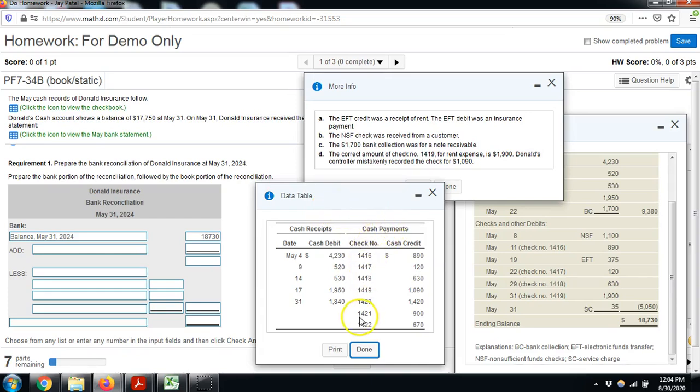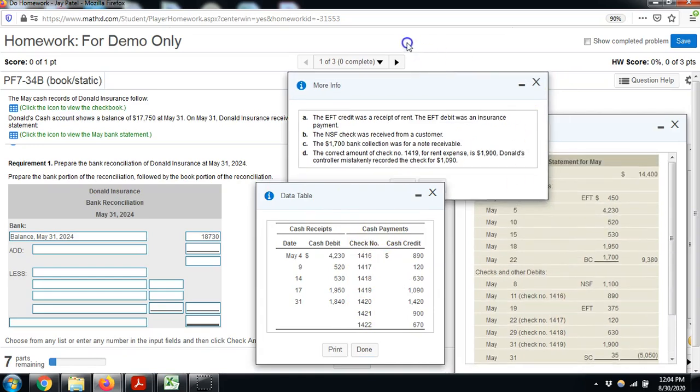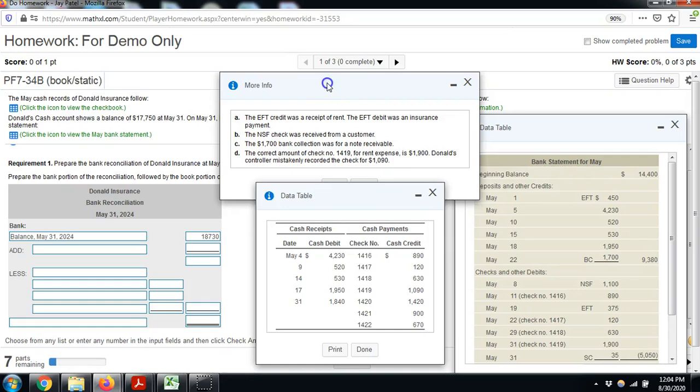Okay, so if we look at the deposits from the bank statement, we can see there are several deposits that correspond to cash receipts here. So this May 4th, 4,230 in your accounting book got deposited on May 5th. Let's just go down the list. This one is included, this one is included, this one is included, this one is included.